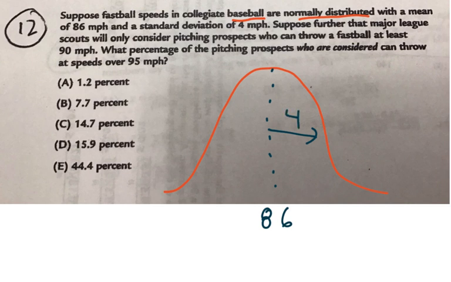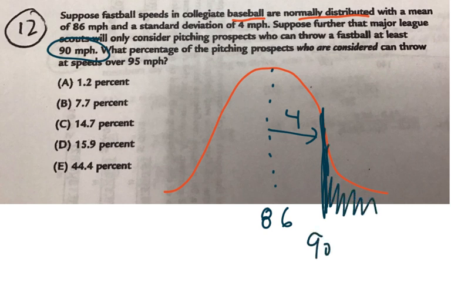Suppose further that Major League scouts will only consider pitching prospects who can throw at least 90. So they're saying, okay, the average is 86, but we're going to be right here at 90. And all we're going to do is look at whoever can throw 90 or higher.